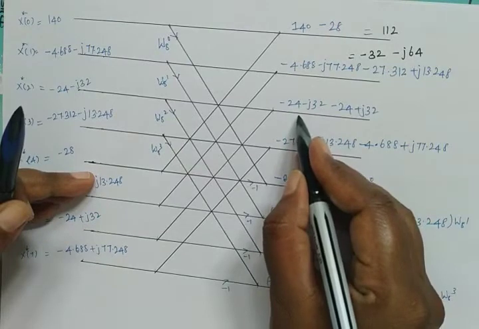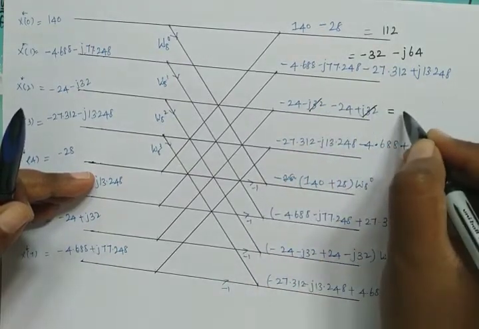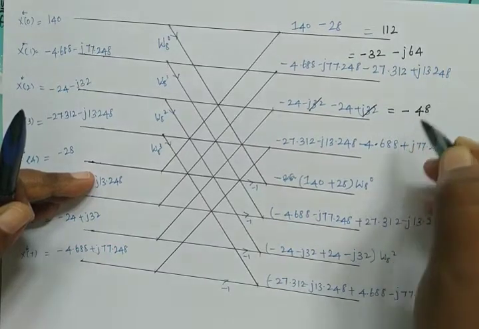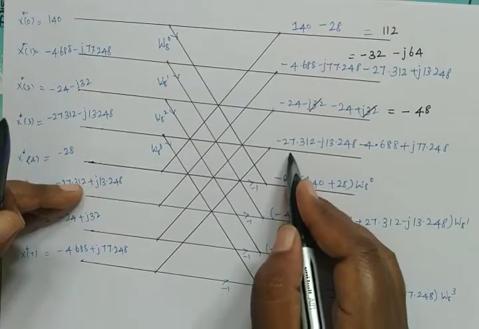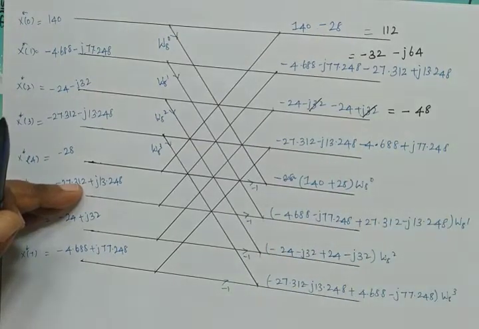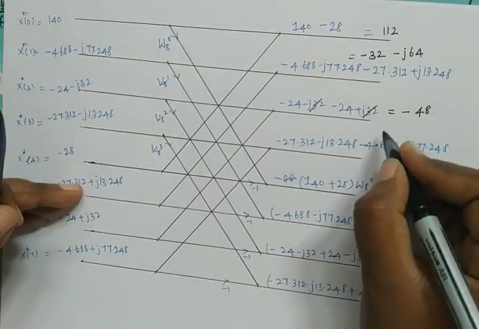And here minus 24 plus j32 minus j32, which is equal to minus 48. Then the next one, check here: minus 27.312 minus 4.688, which is equal to minus 32.